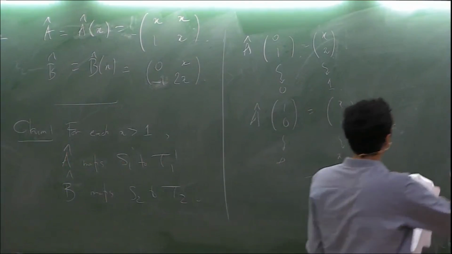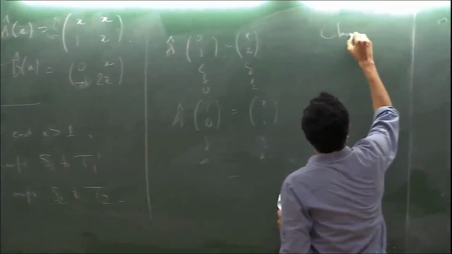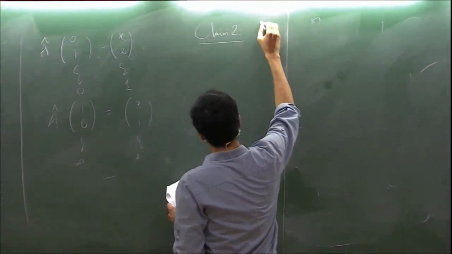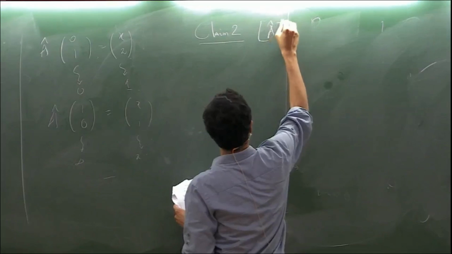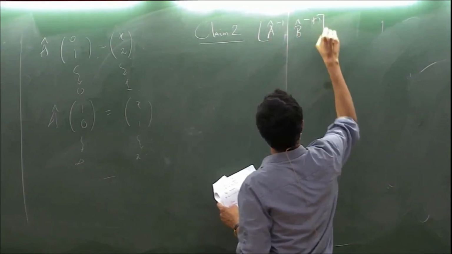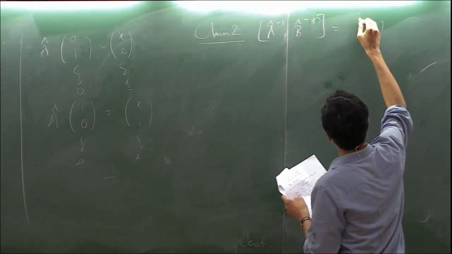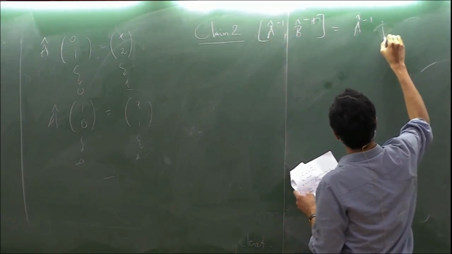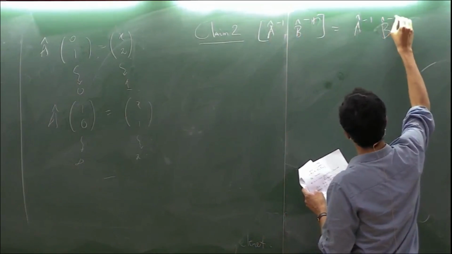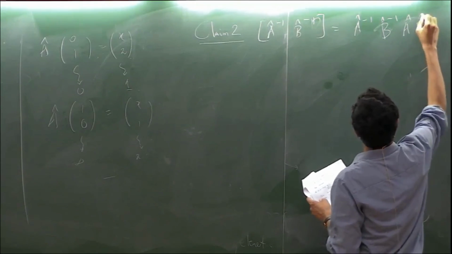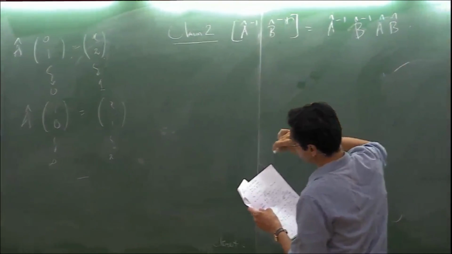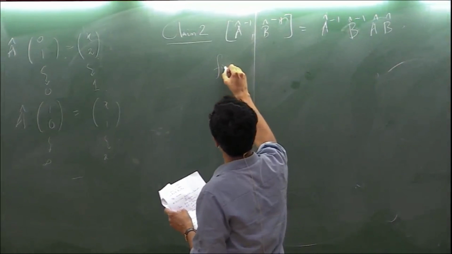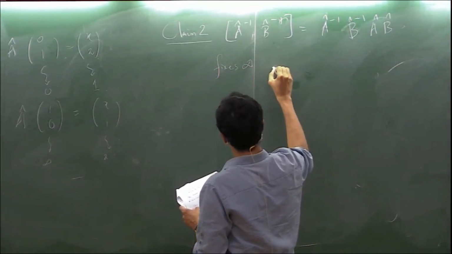So claim 2 is this commutator of A hat and B hat. We can avoid the inverses if you want, but it's either way. This fixes infinity and is parabolic.